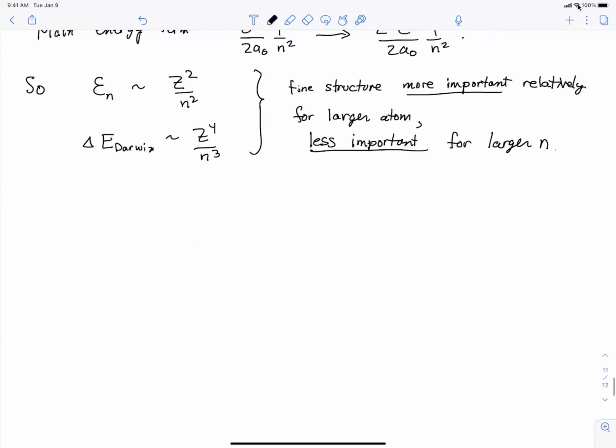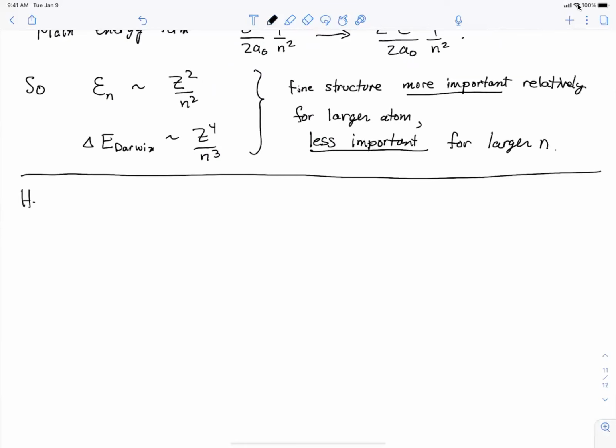All right, so now let's get back to what we were talking about with identical particles. And so we were going to return to the helium atom that we've studied twice before. The main difference with today is today we're not just going to talk about the helium atom ground state, we're going to talk about the helium atom excited states.